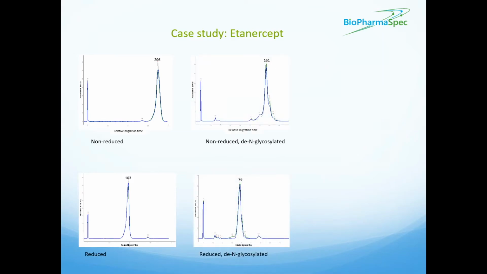Now, if we take these samples and we reduce the heterogeneity by de-N-glycosylating with PNGase F, just as we did for monoclonal antibodies, as you can see, we get a decrease in the mass, and we're also starting to narrow down the width of the peak by decreasing the heterogeneity through removal of the N-glycans. Now, you can also see we're starting to get some variation in the peak profiles between the batches.